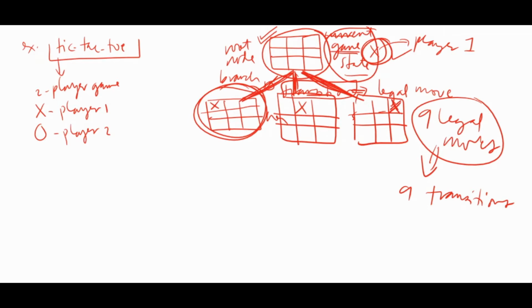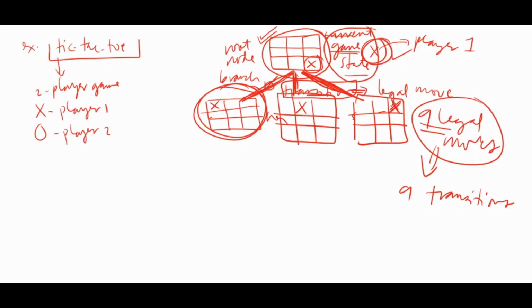There will be 9 since there are 9 vacant squares. One legal move is to put the mark here, another here, another here, another here, and so on until this one, putting the mark on this square.